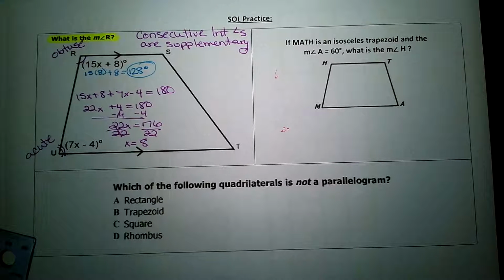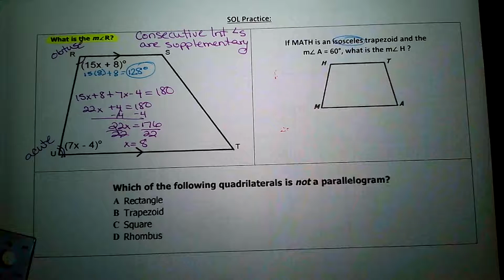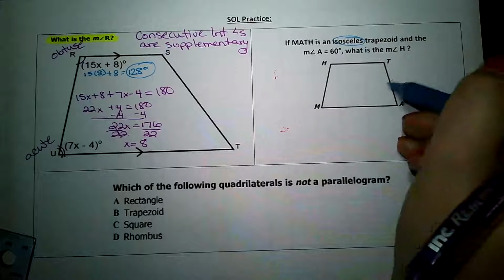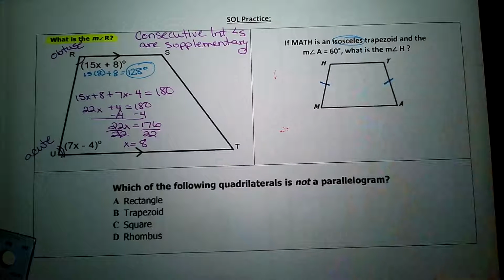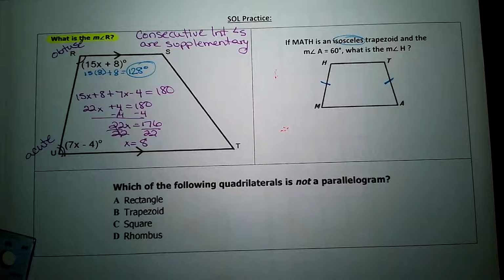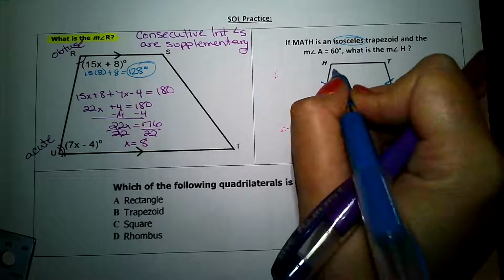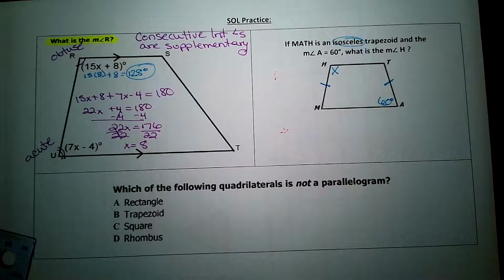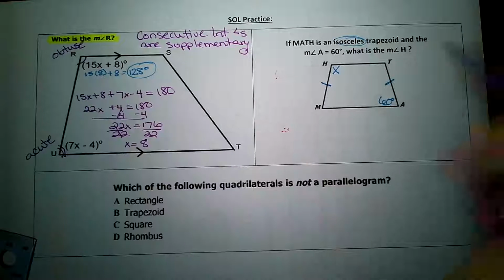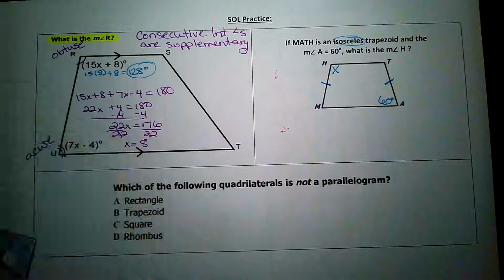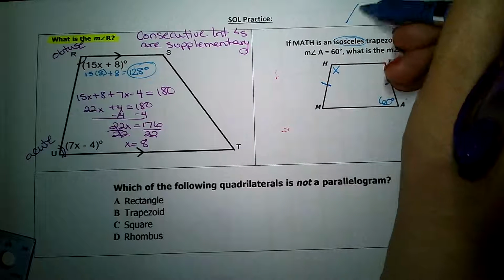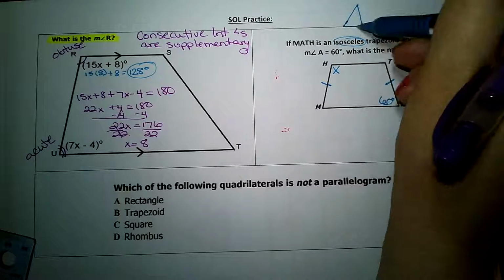Okay, next example. If MATH is an isosceles trapezoid, go ahead and put your tick marks in there, and the measure of angle A is 60 degrees, what is the measure of angle X? Now, think about isosceles. If you have to go all the way back to an isosceles triangle, please do.